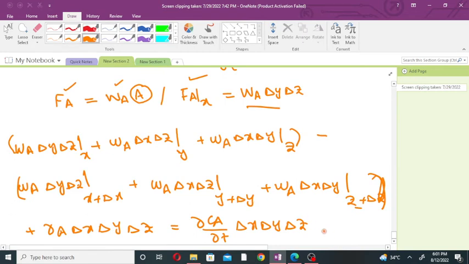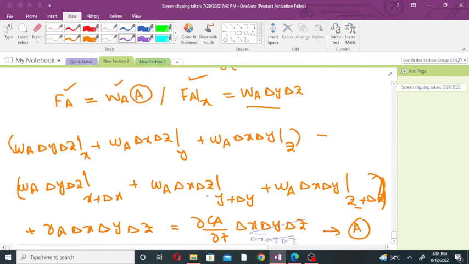Now suppose this is equation A. Divide equation A by the volume, delta x delta y delta z.